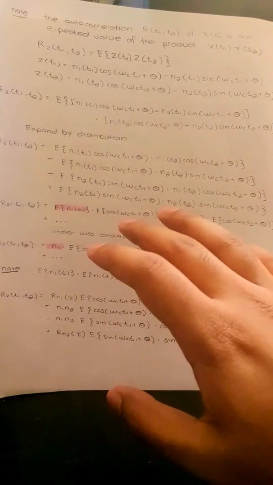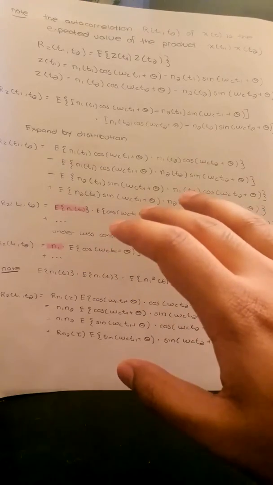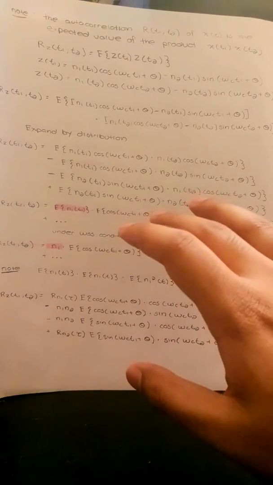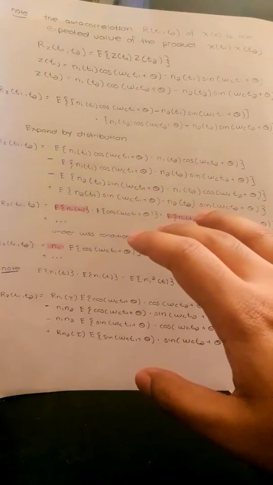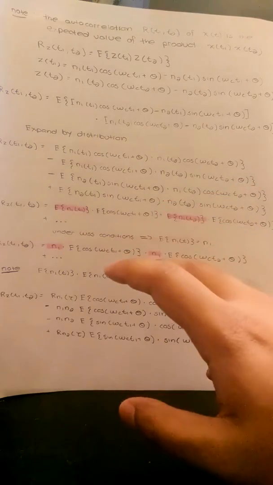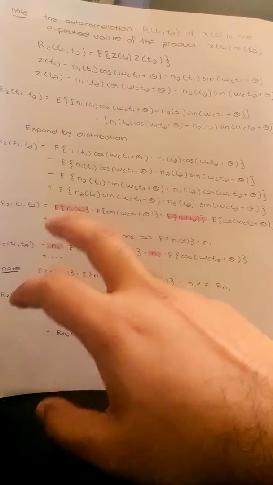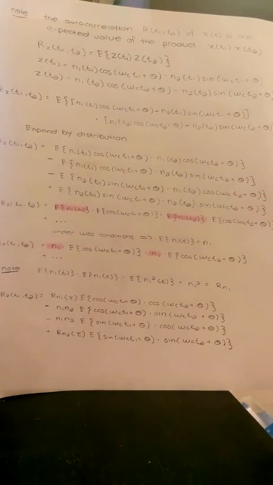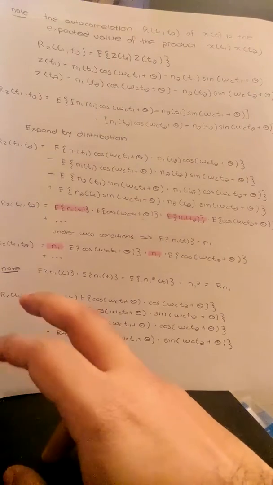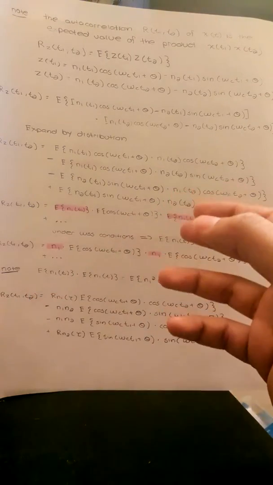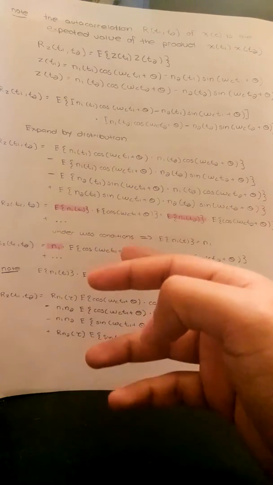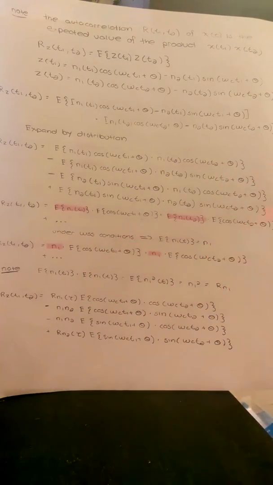Since N1(t) and N2(t) are WSS, their expected values are going to be constants. So Rz(t1, t2) is going to equal n1 times the expected value of cosine(ωc t1 plus θ) times n1 times the expected value of cosine(ωc t2 plus θ).